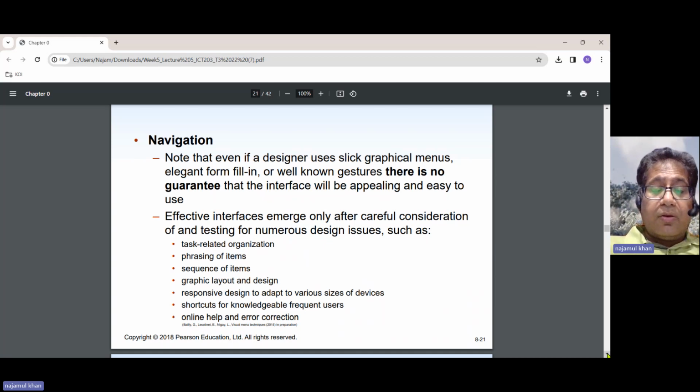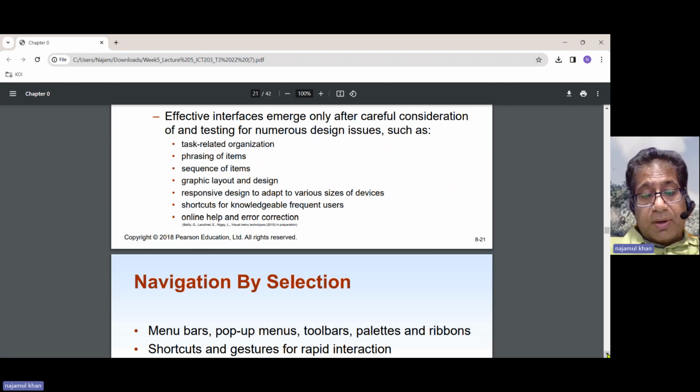We also covered this in the very first class, in week one, Ben Shneiderman's 8 golden rules of interface design, and how important a role they have in interface design. So here we are talking about the same thing: many factors are taken into consideration to ensure that users who are using a website have a good and immersive experience. So this is important as well.